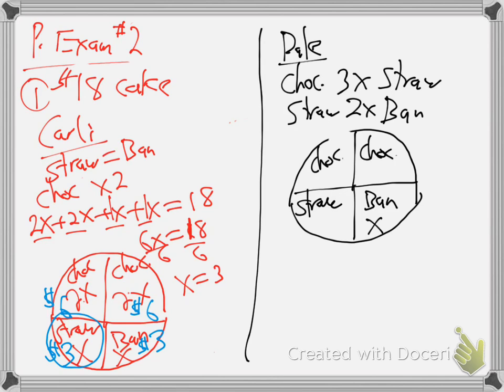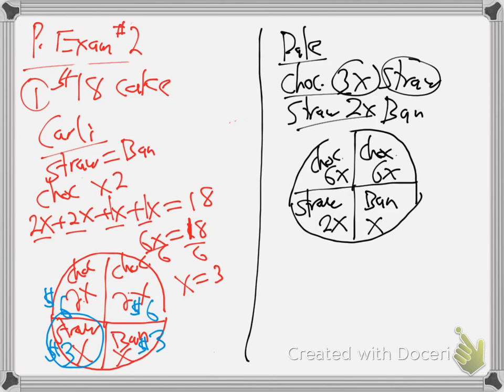All right, we good? We getting that? So banana is X, and then he likes strawberry twice as much as banana. So strawberry is 2X. Now chocolate is 3 times strawberry, so 6X. 6X and 6X, because it's 3 times the 2X. 3 times the strawberry.